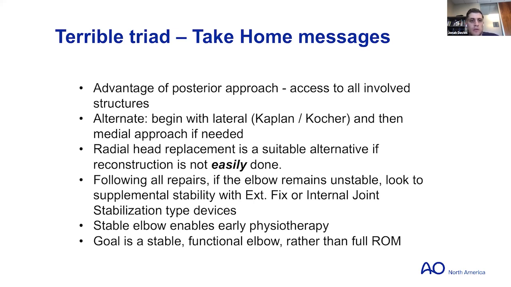If you try to say, oh, it'll be okay, I'll just flex it up some more, or I'll put it in a splint, it always ends up coming back and biting us. So if the elbow isn't stable and it's only stable between 140 and 120 degrees of flexion, then that's probably not sufficient. Instead of pretending that it's going to be fine, do something more.